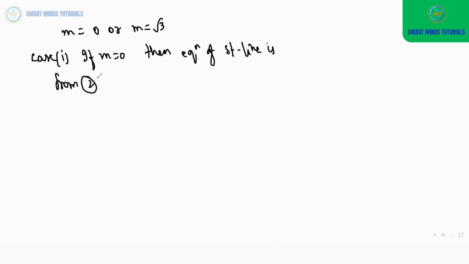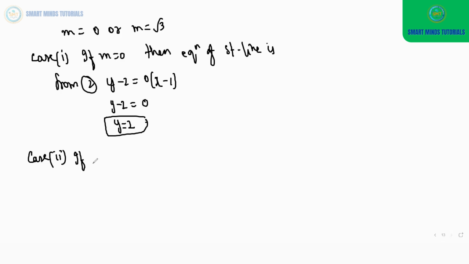Now we take case 1. Case 1 is if m is equal to 0, then the equation of straight line is, from equation number 2, y minus 2 is equal to 0 into x minus 1. So 0 into anything is 0. So the right hand side will become 0. So we got y is equal to 2. Now let us take case 2.